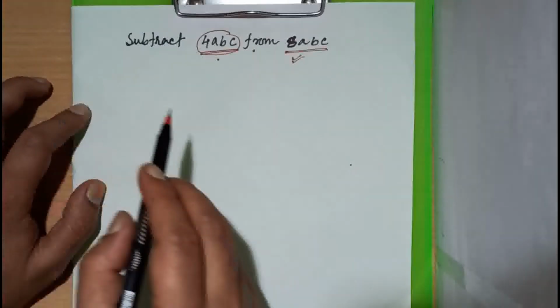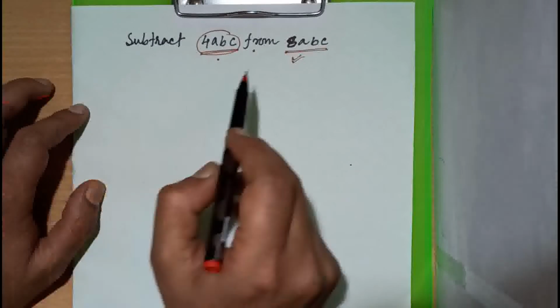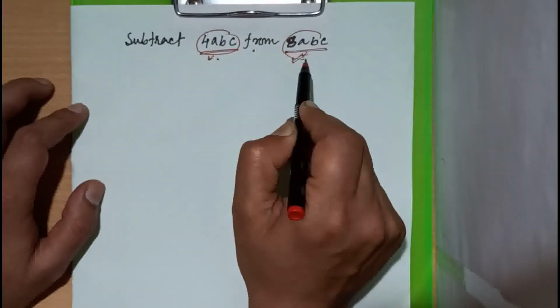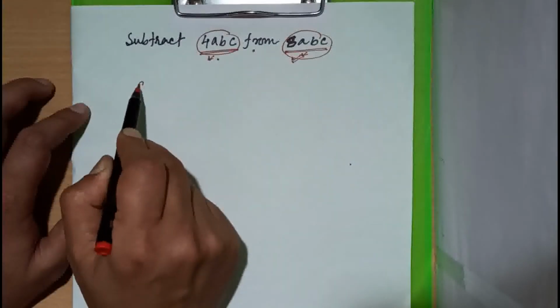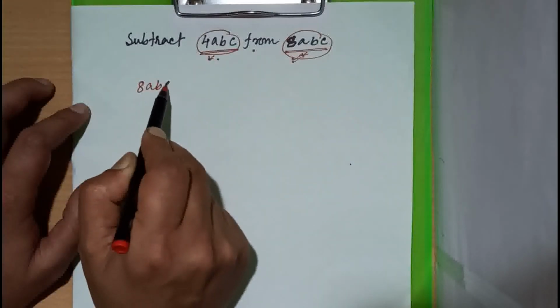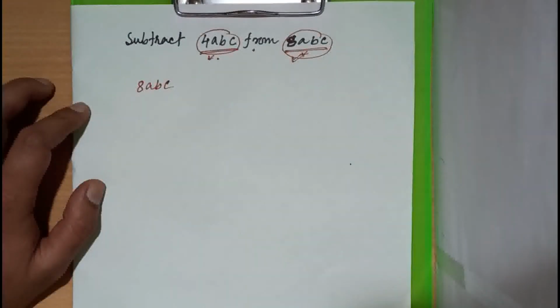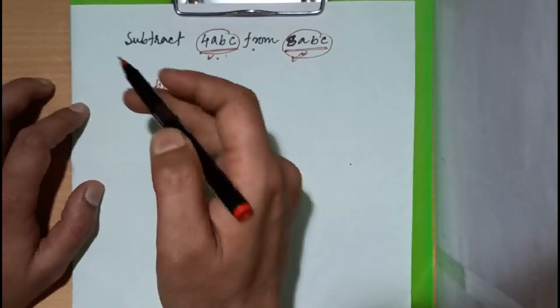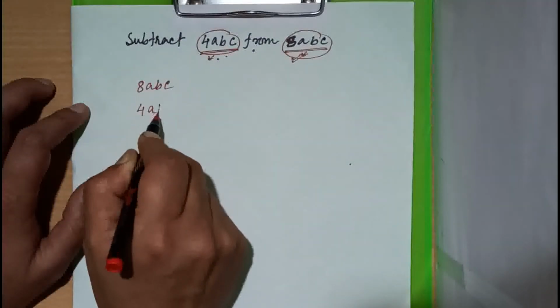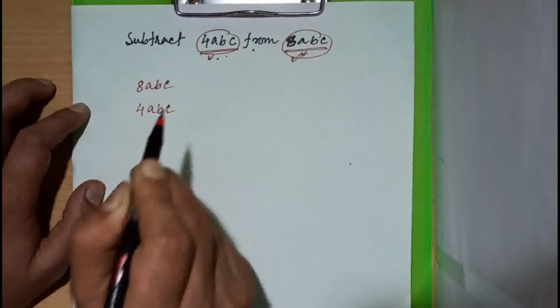So how do you write this? Since we are going to subtract this one from this one, at first we will write 8abc, using the vertical method. Since these two are like terms, just write 4abc under 8abc.